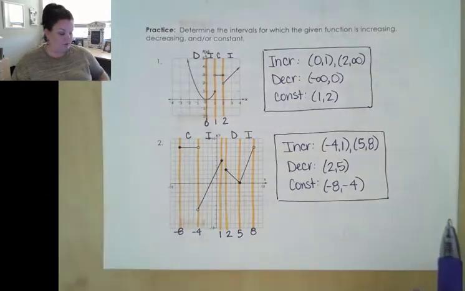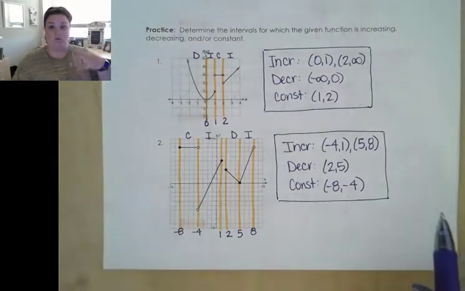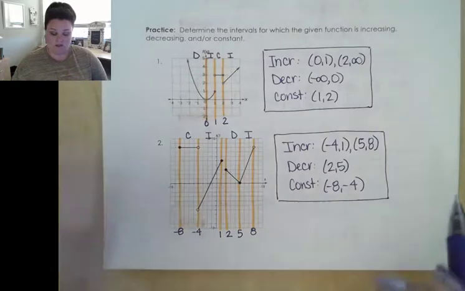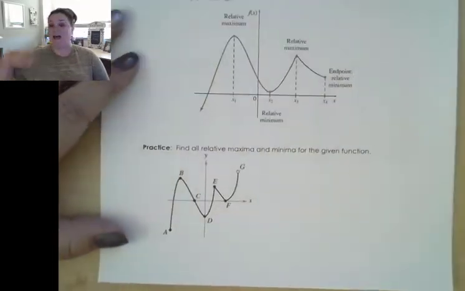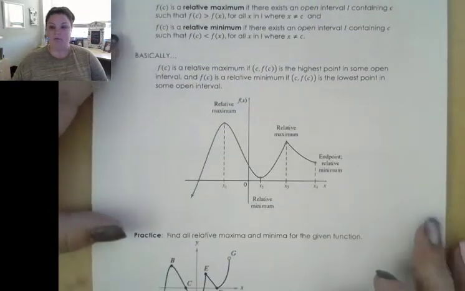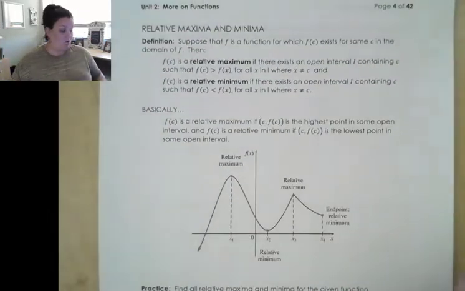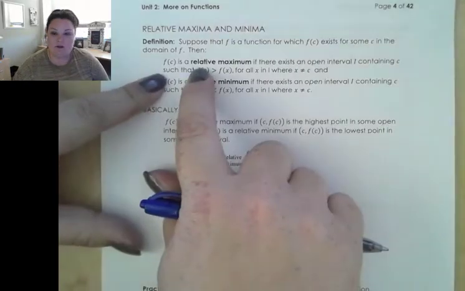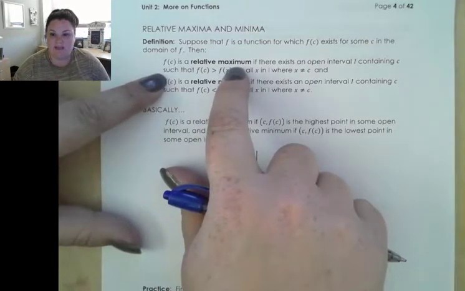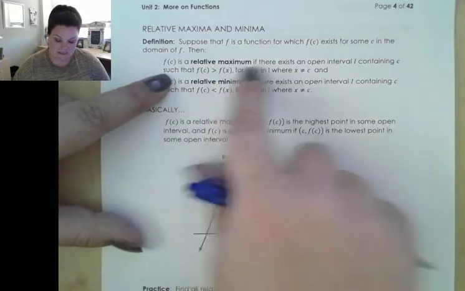Now what we want to do is look at the idea of a relative max or min. So within certain intervals, we might have one value that's higher than all the rest, or we might have one value that's lower than all the rest, right? So what we're calling a relative maximum is some value C, okay?